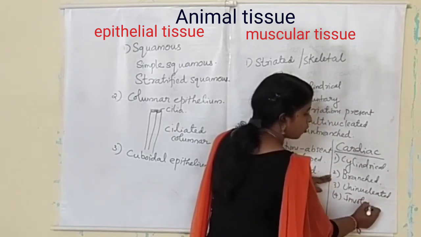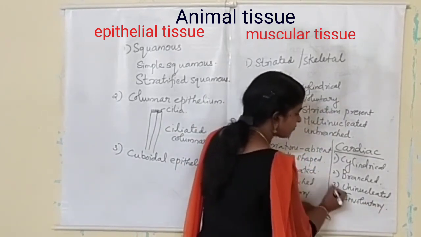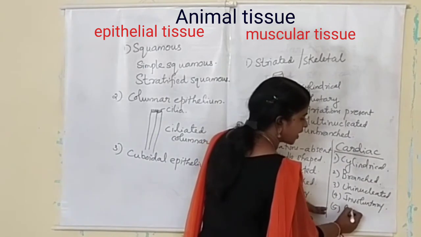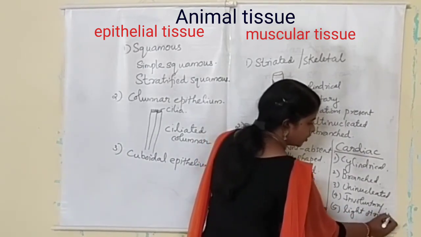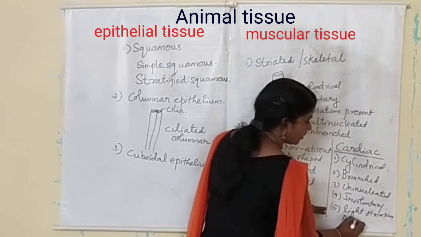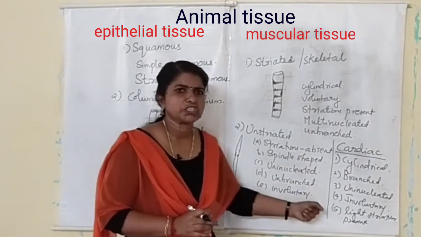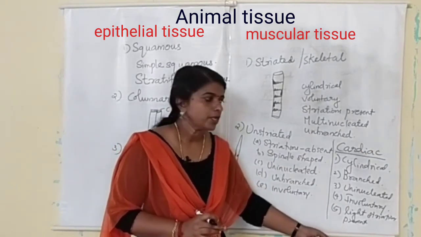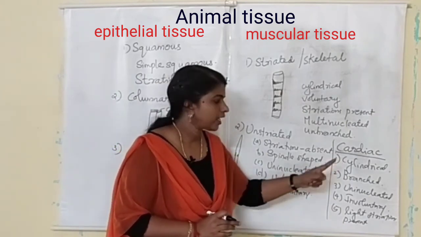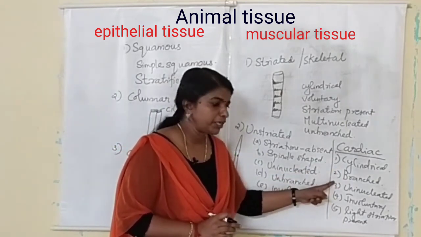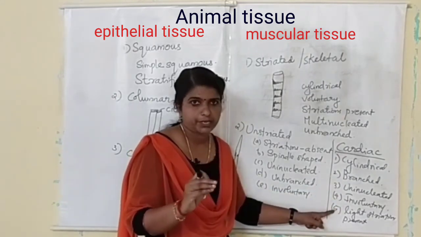We cannot control the action of heart muscles, and very light striations are present. Not that much of striated muscle, but faint striations we can see there. So the characters of cardiac muscle: they are cylindrical, branched, uninucleated, involuntary, and having light striations.